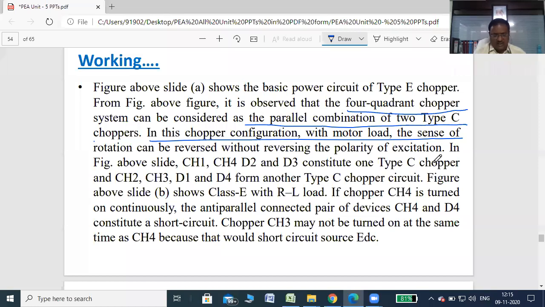So in class A the supply voltage is positive, in class B the supply voltage is negative. So without reversing your supply voltage, you can achieve the reverse operation. So reverse without reversing the polarity of excitation. In the above figure, CH1 and CH4, D2 and D3 constitute one type C.